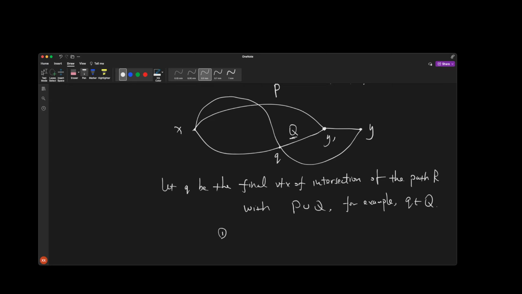The first one: X follows the path Q and arrives at the vertex Z, and then follows R to Y. The second path is: X follows P to Y prime and then goes to Y. So we got two paths.